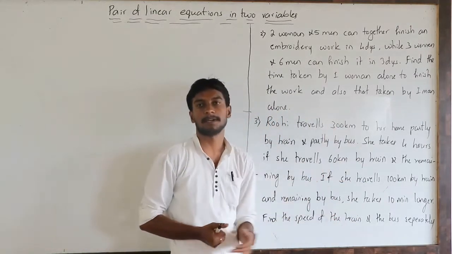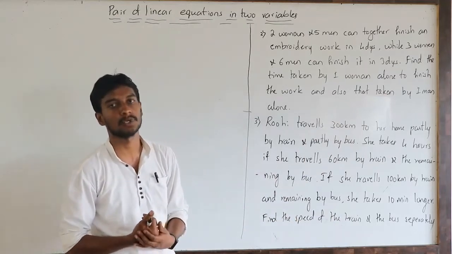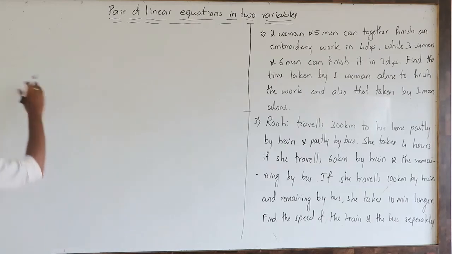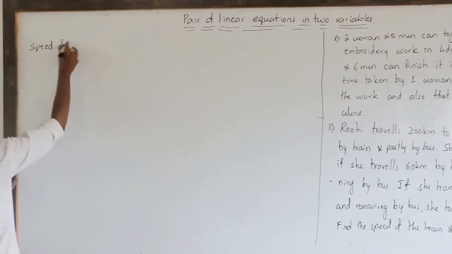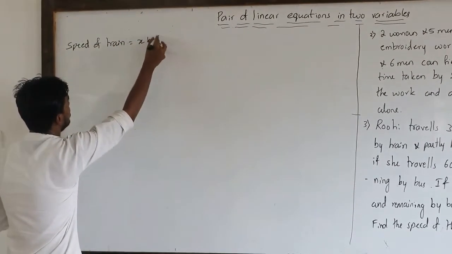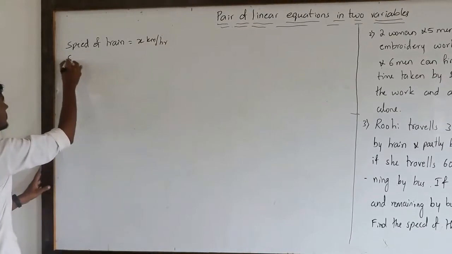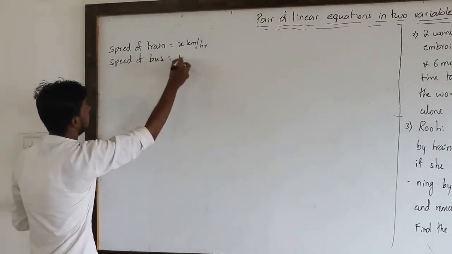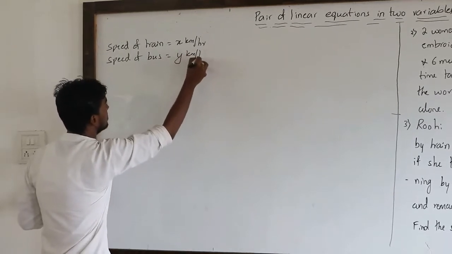So here we need to find the speed of the train and also the speed of the bus. So let us consider speed of train as x kilometer per hour. Speed of bus is equal to y kilometer per hour.